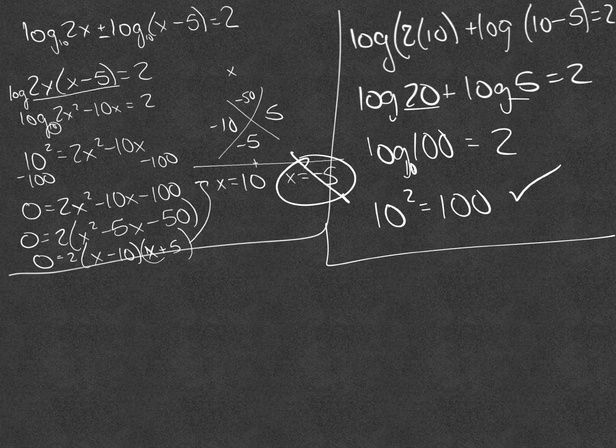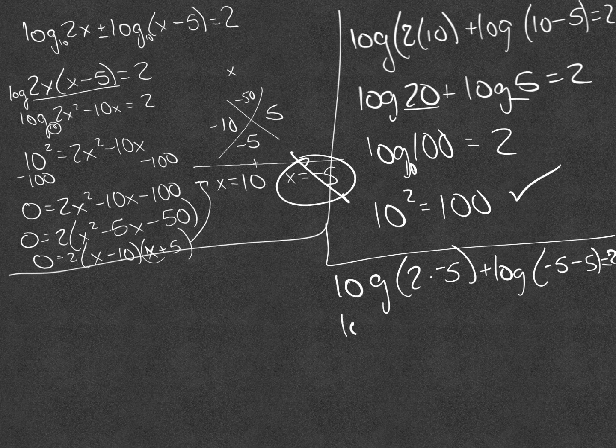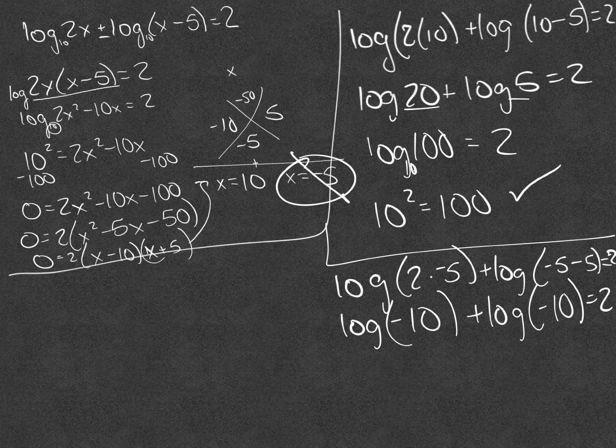I'm just going to go ahead and plug it in so I can show you why. So we've got log of 2 times negative 5 plus log of negative 5 minus 5 equals 2. It's cut off. All right, we've got log of negative 10 plus log of negative 10 equals 2.